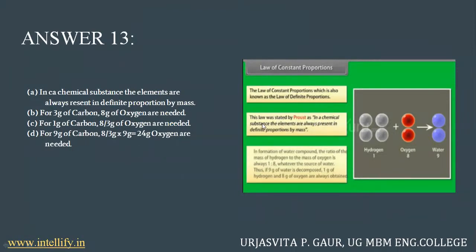As in a chemical substance, the elements are always present in definite proportions by mass. And an example is also given right here, that in the formation of the water compound, the ratio of the mass of hydrogen to the mass of oxygen is always 1:8, whatever the source of water is. Thus, if 9 grams of water is decomposed, 1 gram of hydrogen and 8 grams of oxygen are always obtained.